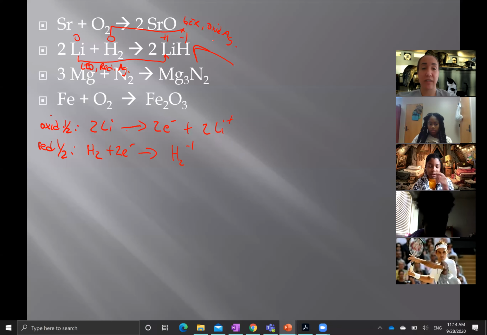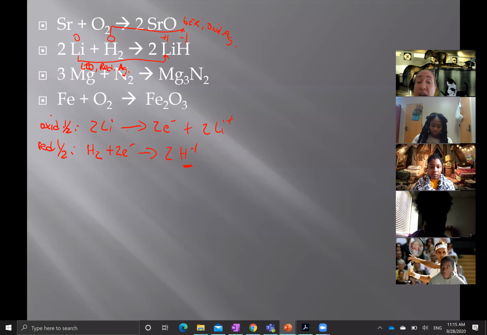Ionic, right? So is that an ion? No, it would just be H. So tell me how to write the correct form. What coefficient, what form of hydrogen? 2H negative 1.